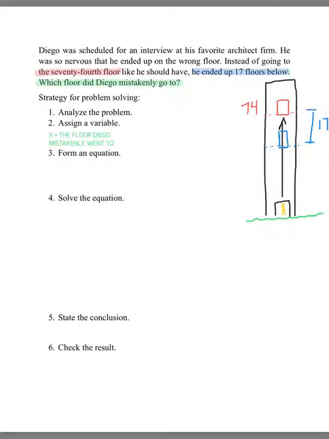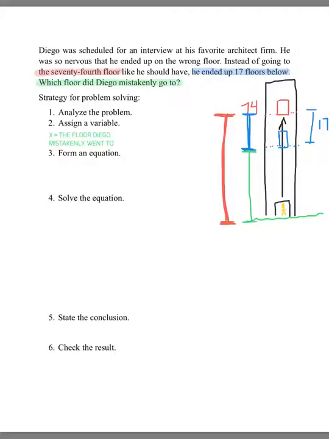Now let's form an equation. We know 74 floors is the distance from the top to the very bottom. So this is a total of 74 floors. Again, that's where he should have been for his interview. And then we also know that this distance right here is 17. What we want to know is this distance right here.